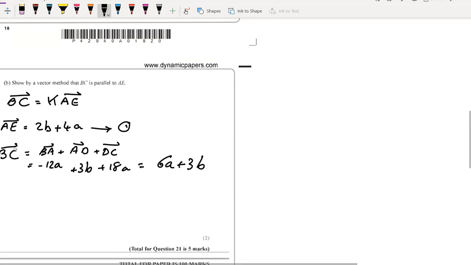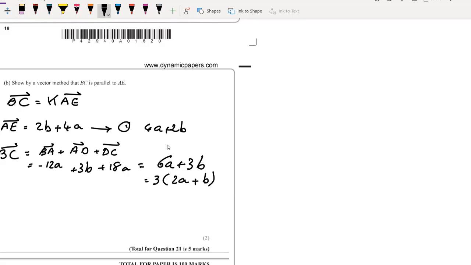Now, look, the vector AE is 2b plus 4a. I can write it in a different way, 4a plus 2b. Okay, and here the vector BC is 6a plus 3b. So let's say that I'm going to take a common factor 3 here. So it's going to give me 2a plus b.